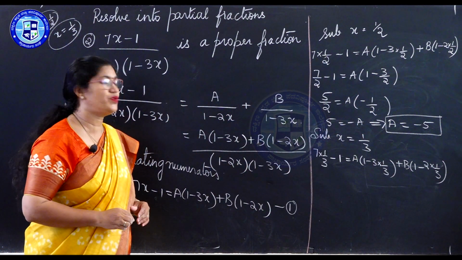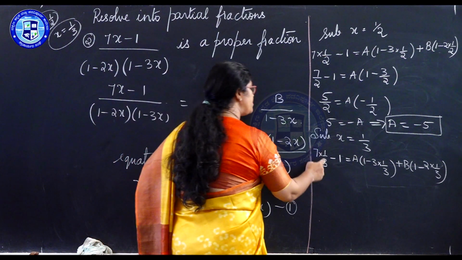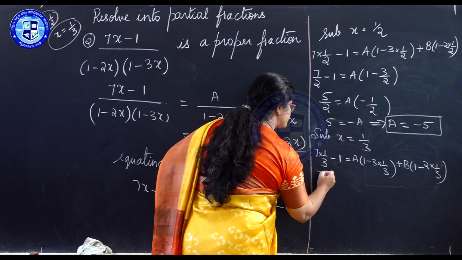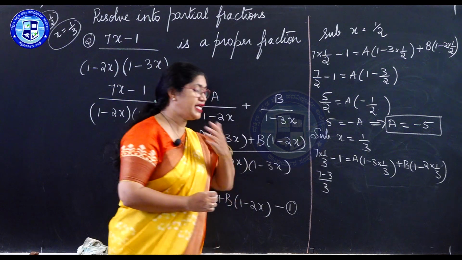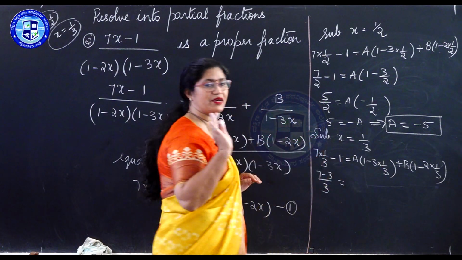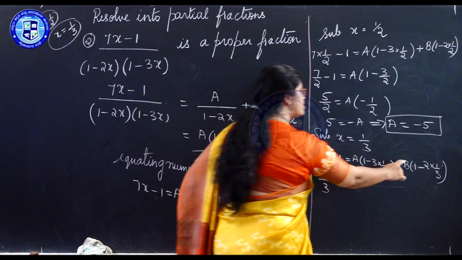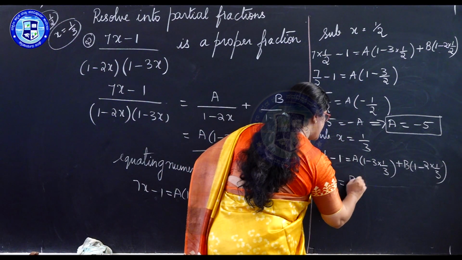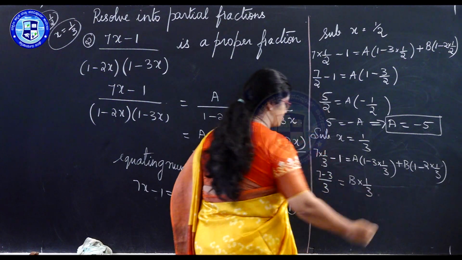So let us see what we are getting now. This is 7 by 3 minus 1. When you take the LCM, you will get like this, and here, yes, this is becoming 0, no need to write. This is 1 minus 2/3, and that is 1/3.